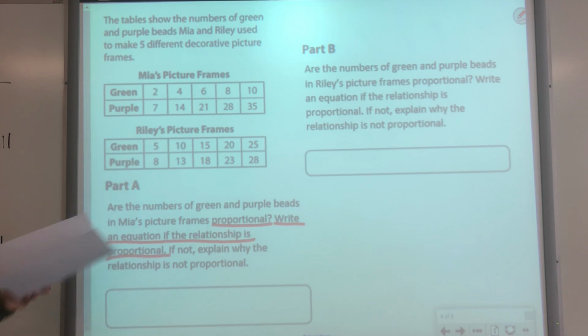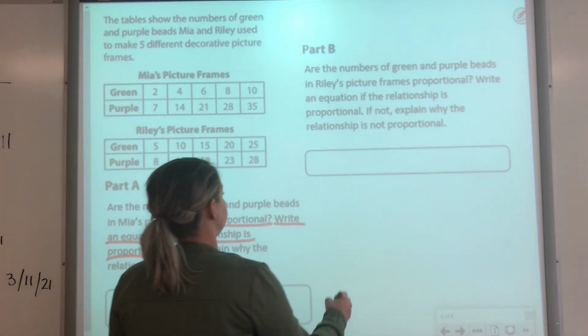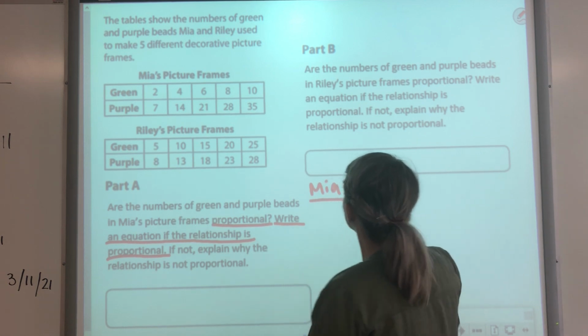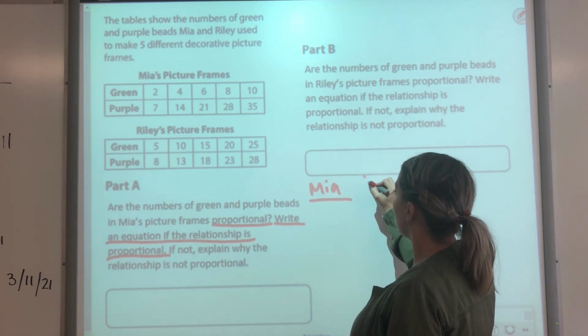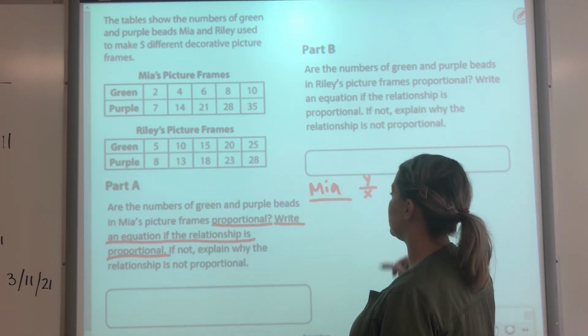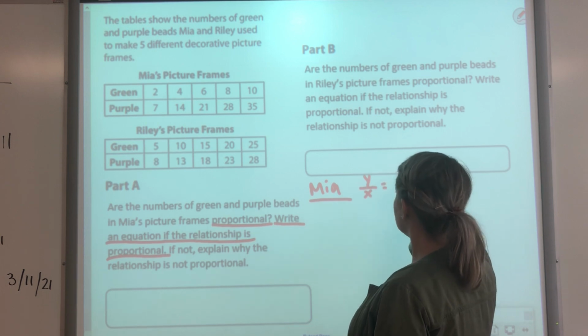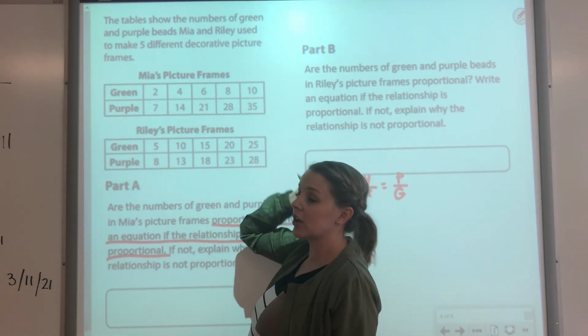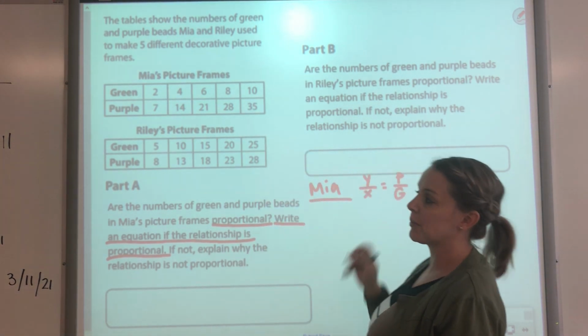So when we look at Mia's picture frames, again, we're looking for our dependent over our independent. In this case, we're looking for purple beads over green beads. From this, we're looking to see if the relationship is proportional.